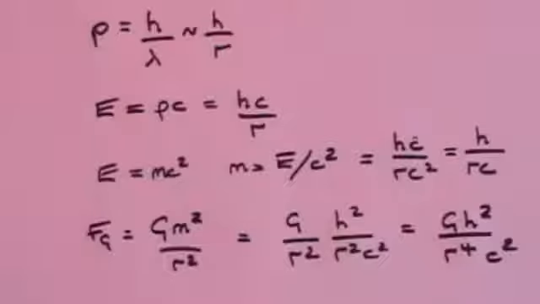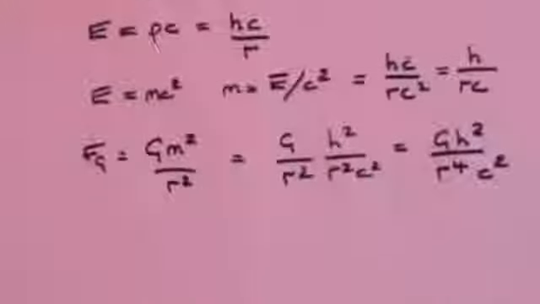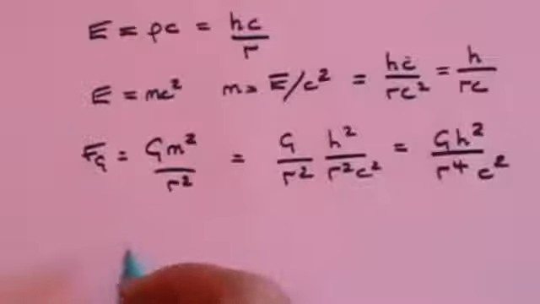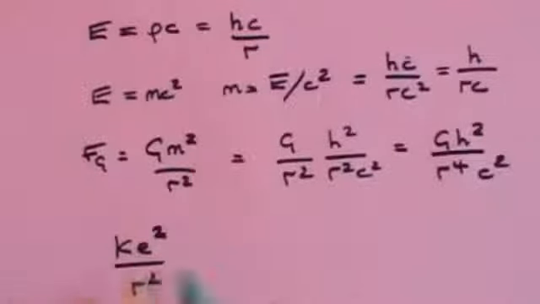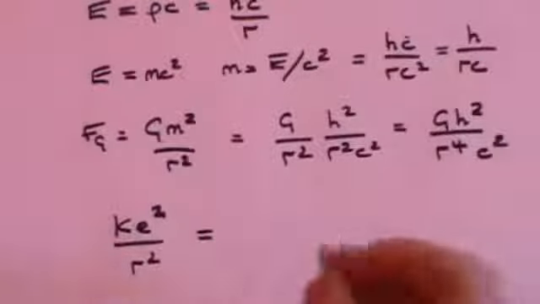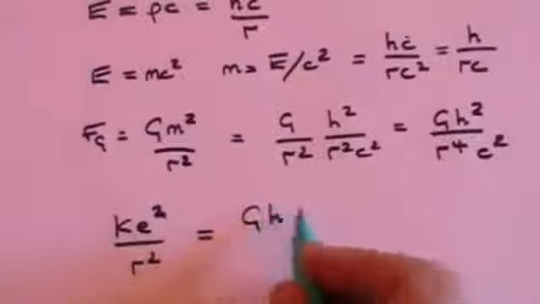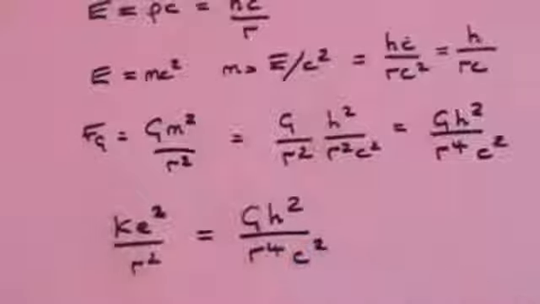So now I'm ready to ask: is there a possibility that the electromagnetic force, ke squared over r squared, could be equal to the gravitational force? Well, let's set them equal. The electromagnetic force, ke squared over r squared, is equal to the gravitational force, Gh squared over r to the fourth c squared.